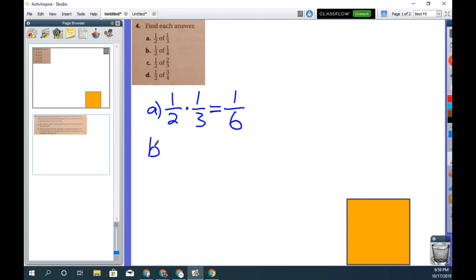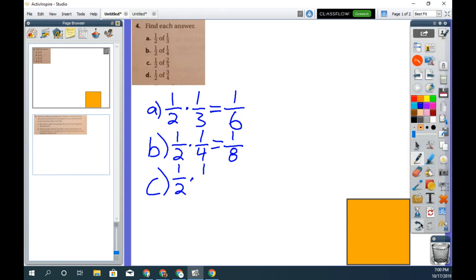For part B, we've got 1/2 of 1/4, and we realize we end up with a smaller piece. So we end up with 1/8. Our area model showed us that. C, we're taking 1/2 of 2/3.